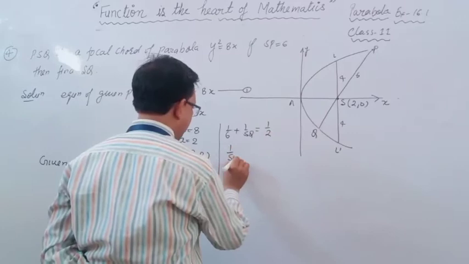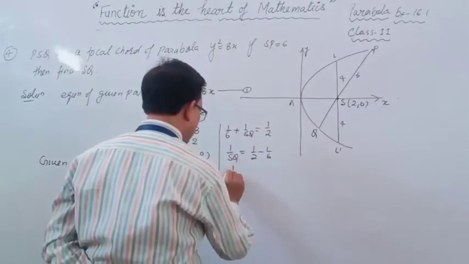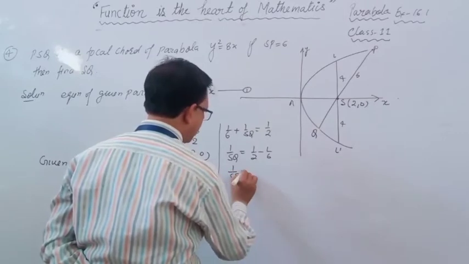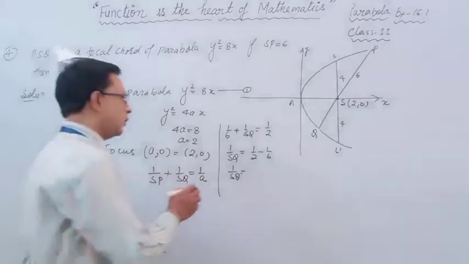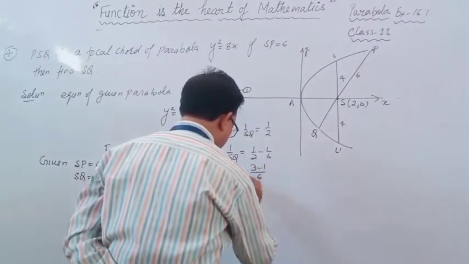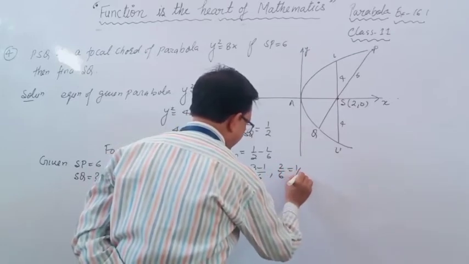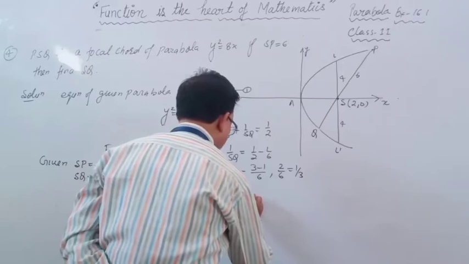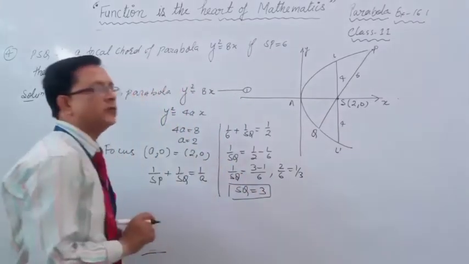So 1 upon SQ is equal to 1 upon 2 minus 1 upon 6, which is (3 minus 1) upon 6, that is 2 by 6, equal to 1 by 3. So the value of SQ is 3 units. This is your final answer.